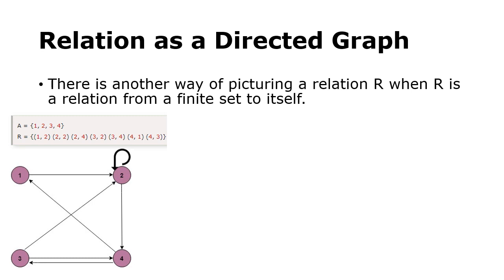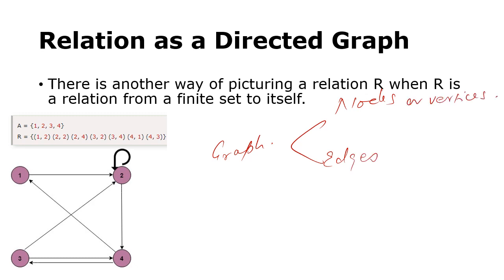Now, there is another way. You can also represent a relation as a digraph, a directed graph. Now a graph is a collection of nodes and edges, also called vertices and edges.